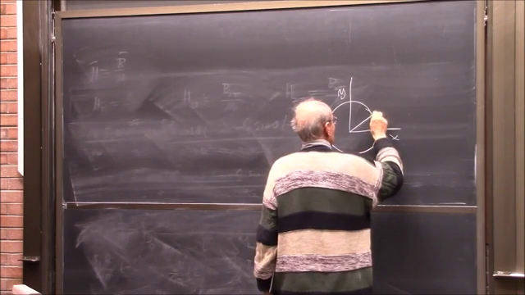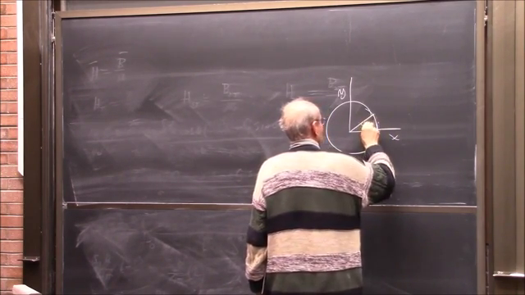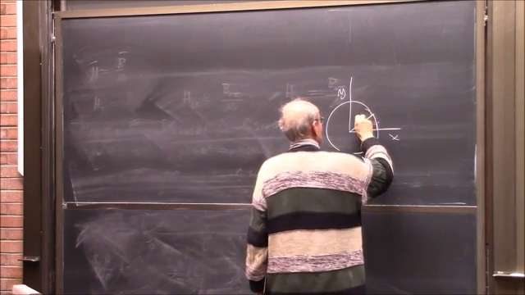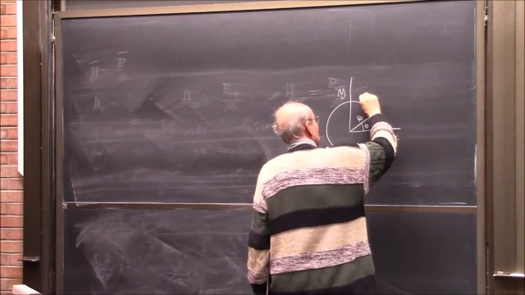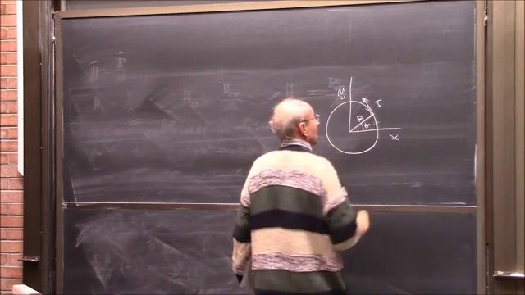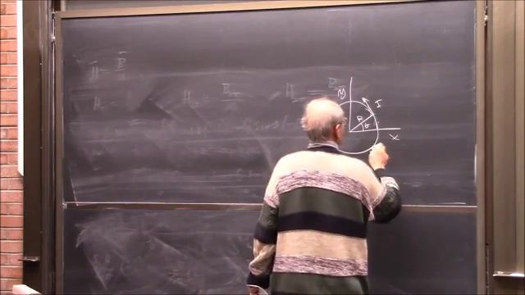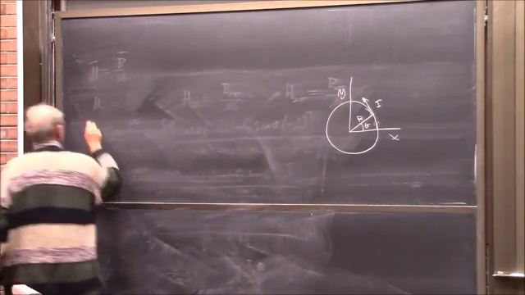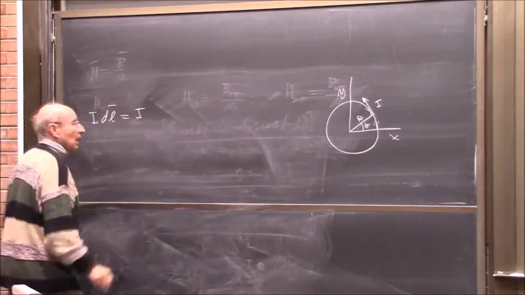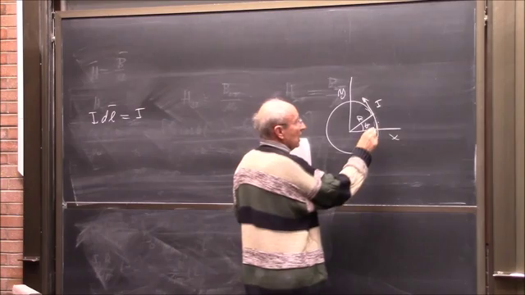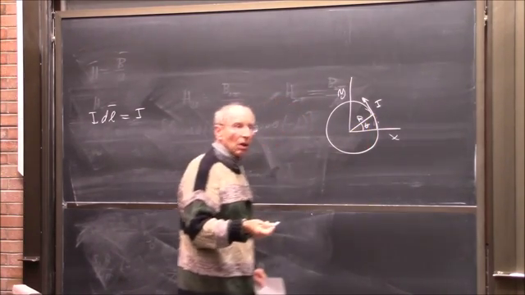And so when you're in some position, theta here, and this thing is R, the current is like that, I, and so I dl is I, and dl will be the length you go in a little distance d theta, which will be R d theta.